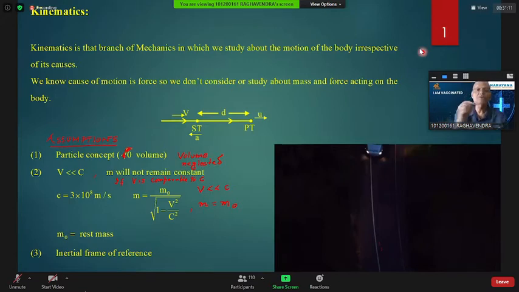I hope you understood that. The cause of motion is force, and we do not study the mass and force acting on the body. Did you understand? And did you follow this diagram? To solve this problem, we don't need the help of dynamics. We just need kinematics.